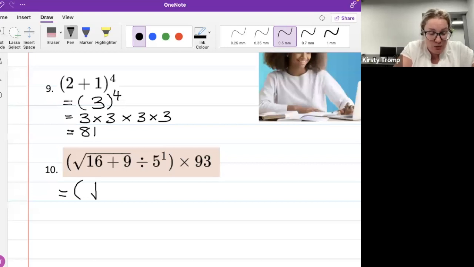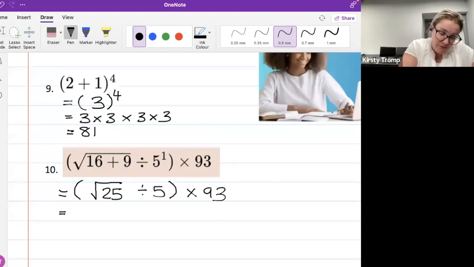So underneath the square root sign, I've got 16 plus 9. 16 plus 9 is 25. Divided by, what's 5 to the power of 1? 5 to the power of 1 is 5. Times by 93. So I'm still doing my brackets because I need to do my brackets first.